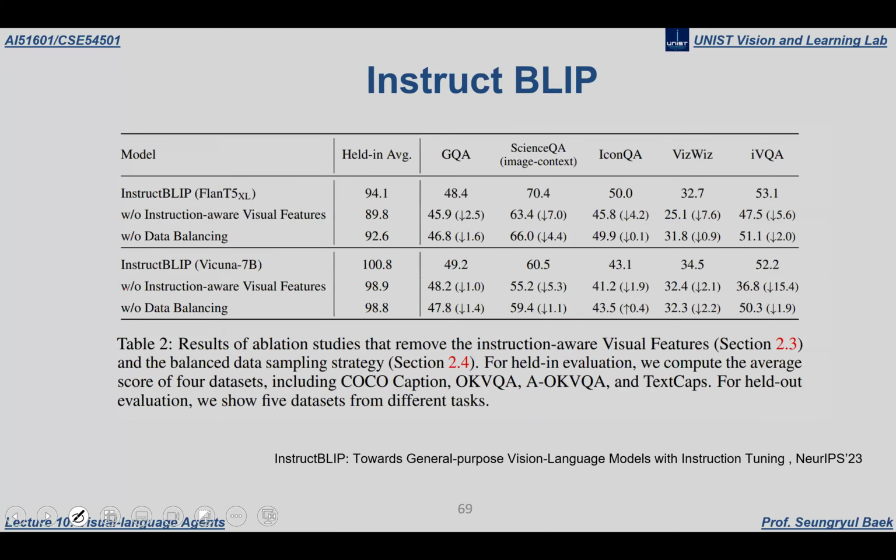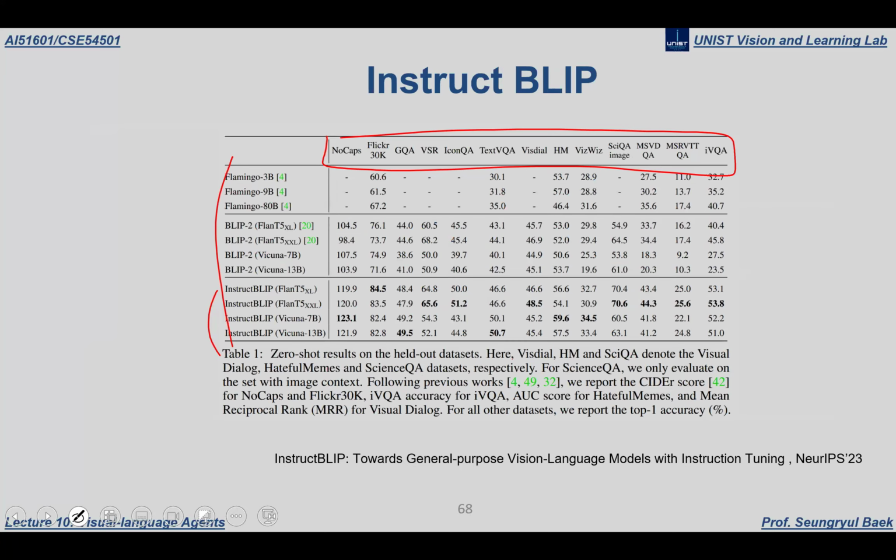They also do an ablation study on the instruction-aware visual feature module. Their idea is quite simple, but they prove that with this feature they can improve the overall performance a lot. So InstructBLIP performs better than BLIP version 2, thanks to this instruction-aware visual feature.